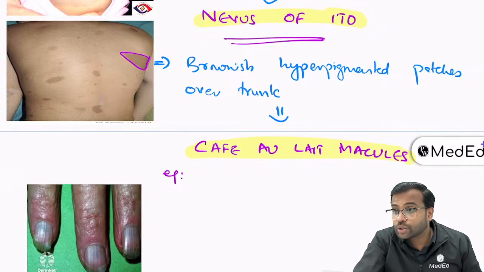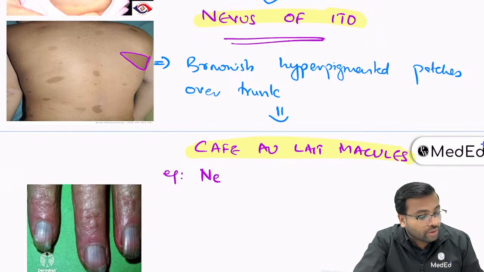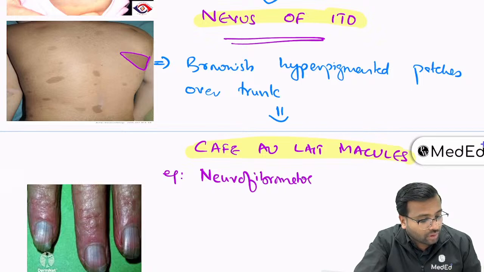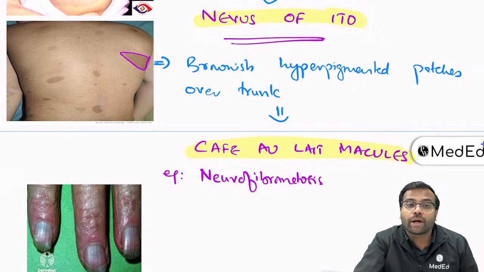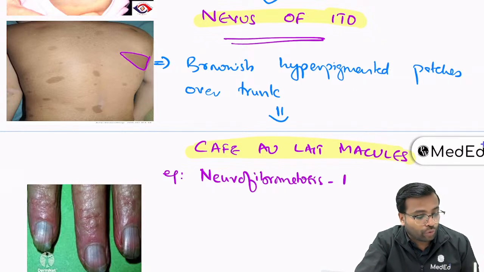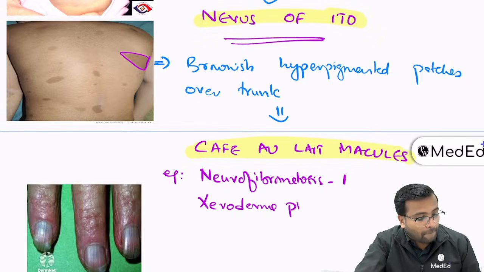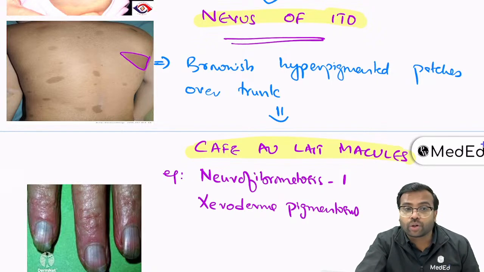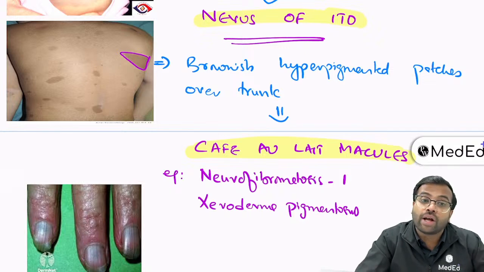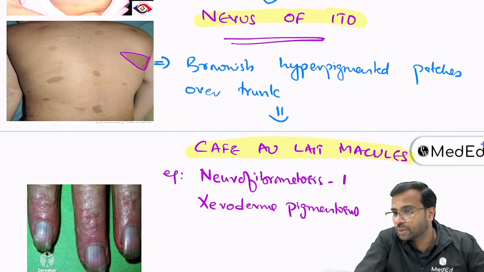Very good, I'm getting the answer now. This can be seen in neurofibromatosis, especially neurofibromatosis 1. There is one more disease called xeroderma pigmentosa. All these are genodermatoses where you can find these kinds of café au lait macules.